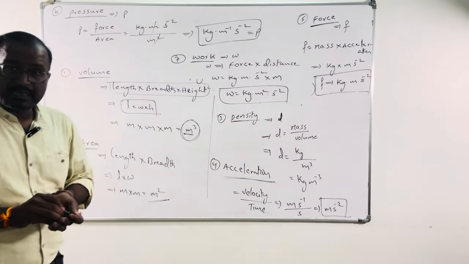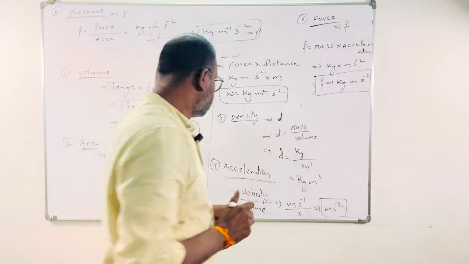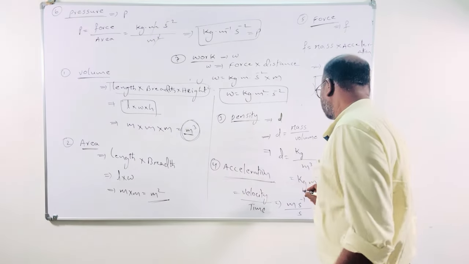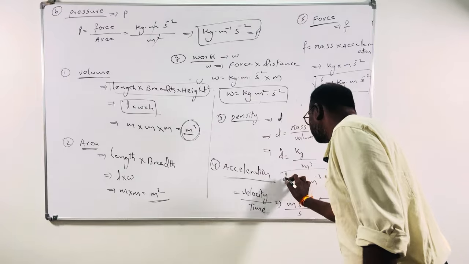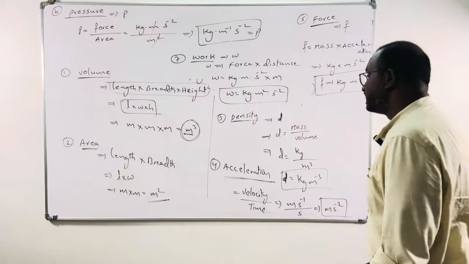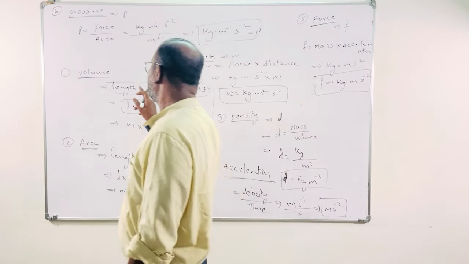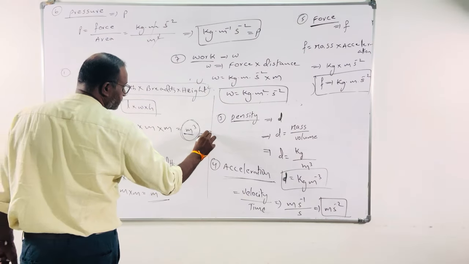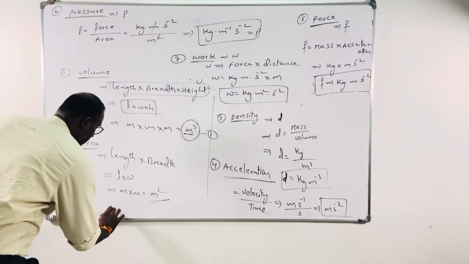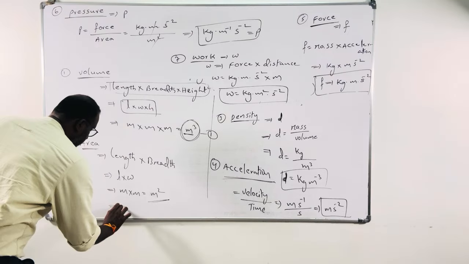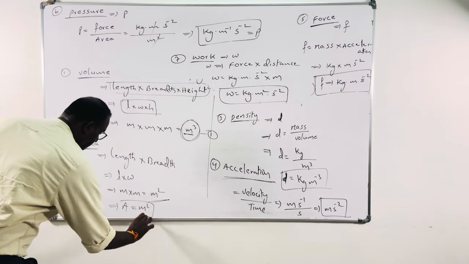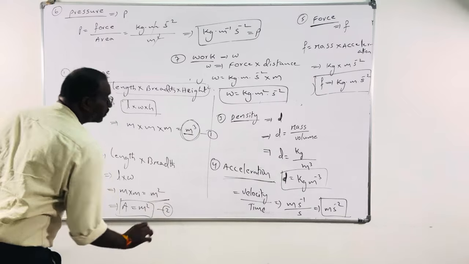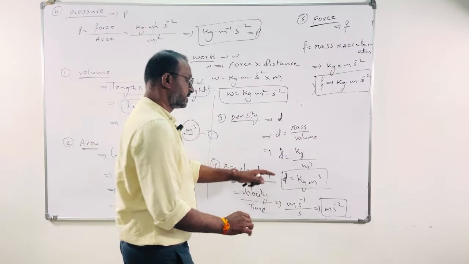Please be very careful. Density units are this. Volume units are this. This is one, volume, and area units are this. I am writing meter square. This is equation 2. And third one, density units are this.